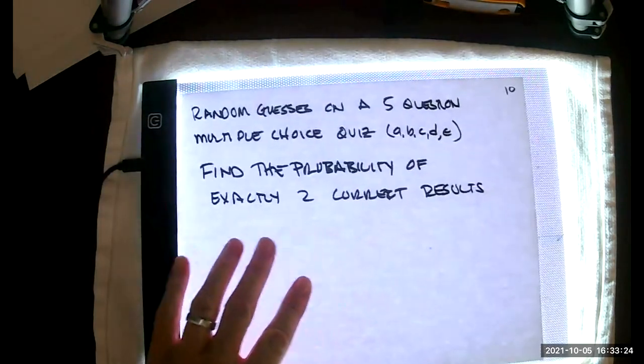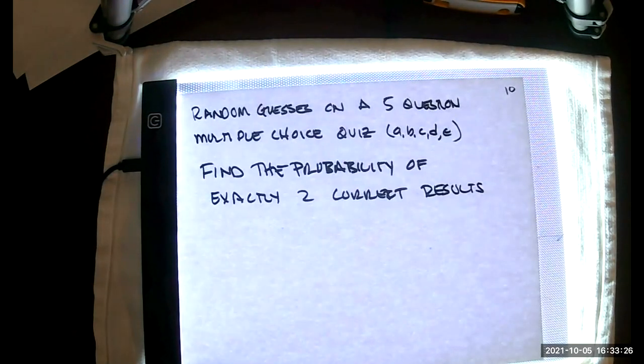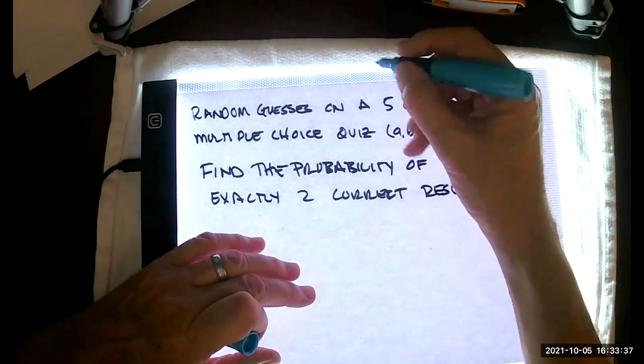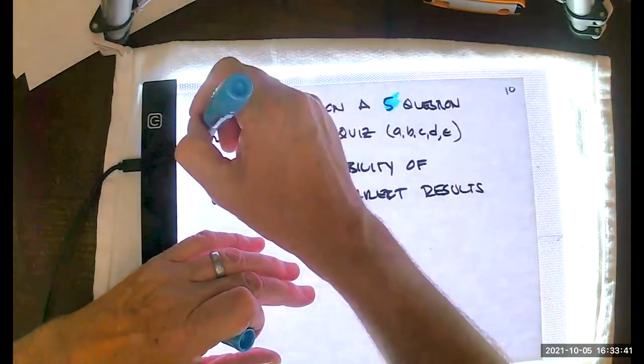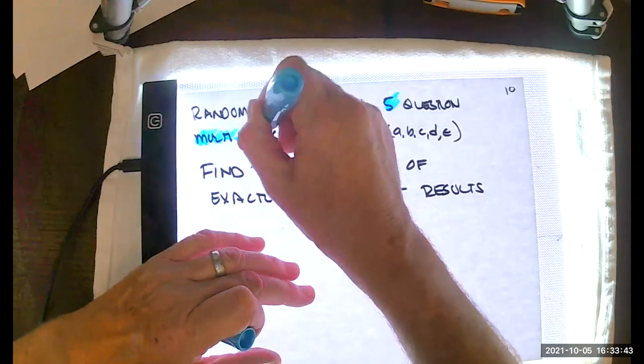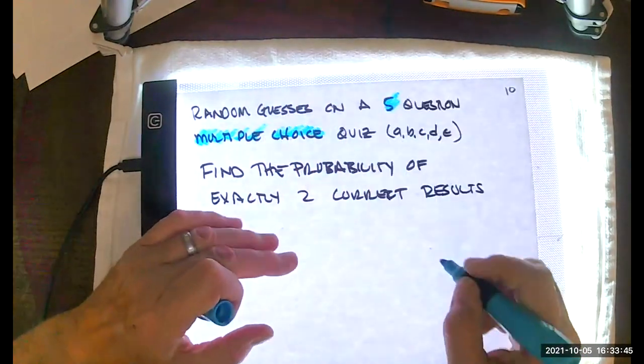Now, what else goes on with this process? Well, there are some things where it may not be clear that you actually have a binomial distribution type of problem in front of you. We're going to make random guesses on a 5-question quiz. And that 5-question quiz is multiple choice.